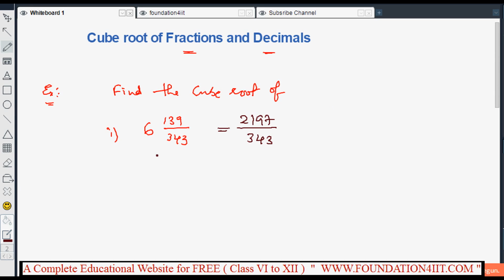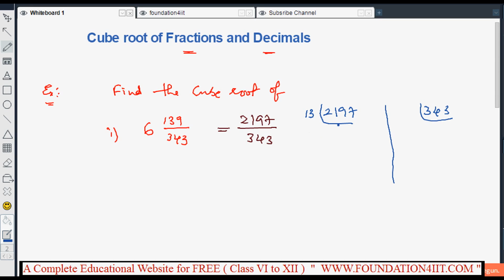So we need to find out separately for numerator and denominator. A prime factorization method I'm going to apply. 2197 we need to do the prime factorization method, at the same time 343 also. Fine. 2197 is actually the 13 table. So previous sum we have seen.